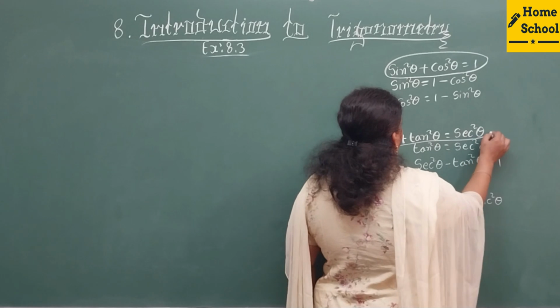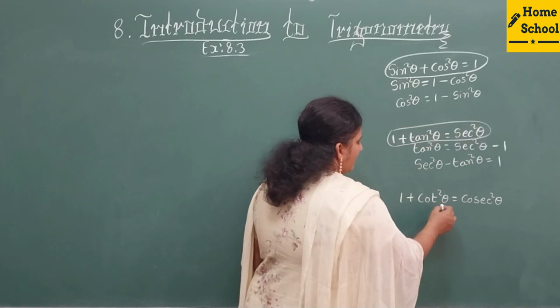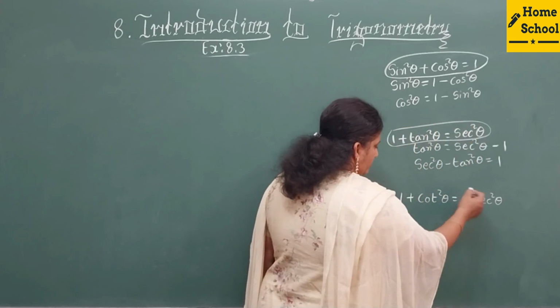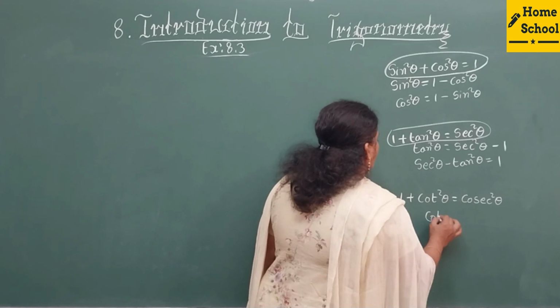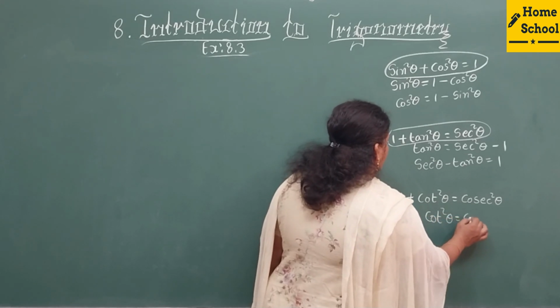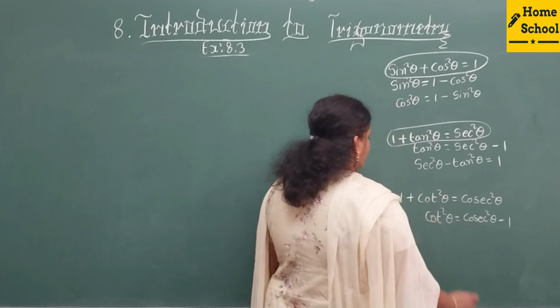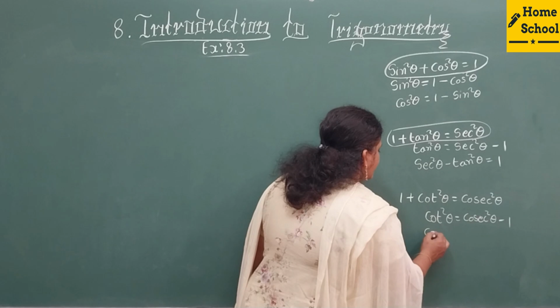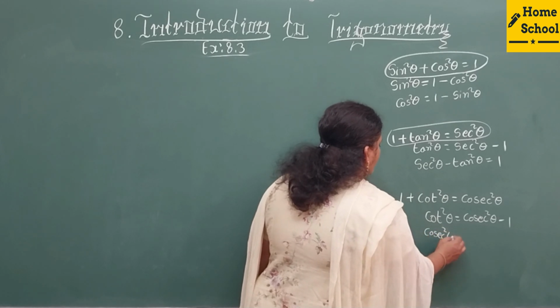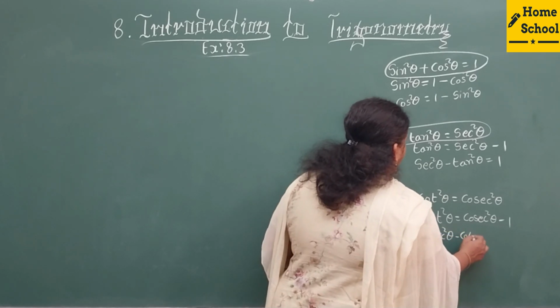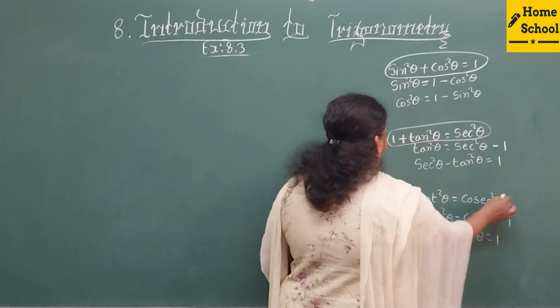Now the third identity is 1 plus cot square theta is equal to cosecant square theta. Cot square theta is equal to cosecant square theta minus 1. Another one, cosecant square theta minus cot square theta is equal to 1.